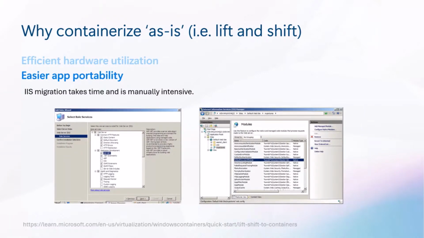Speaking of app portability, I want to walk through a typical journey of migrating an IIS server and compare that to what you would expect from migrating an application already containerized. So let's say you've got a simple app and you've got a new server.